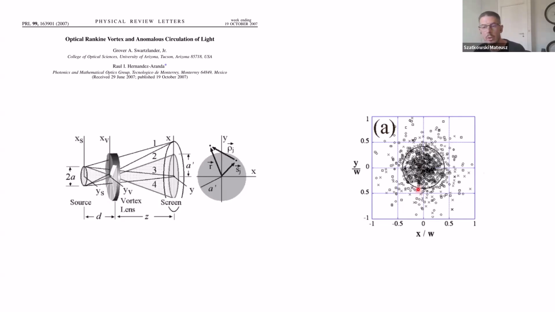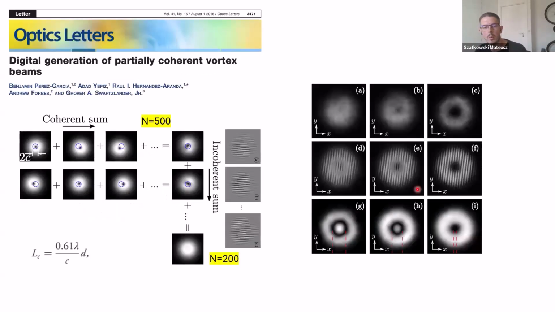So that was the origin, but later they followed up with the experimental method to digitally generate partially coherent vortex. So that is sort of reverse engineering. So they started with defining a circle, which is this concentrated behavior of the singular point, and the circle has a fixed diameter. And what they did is they randomly selected the position of the singularity within the circle.